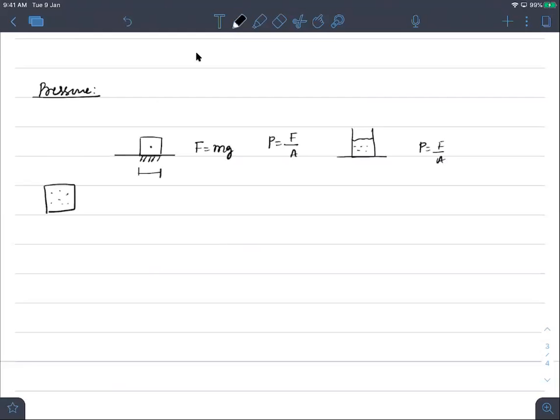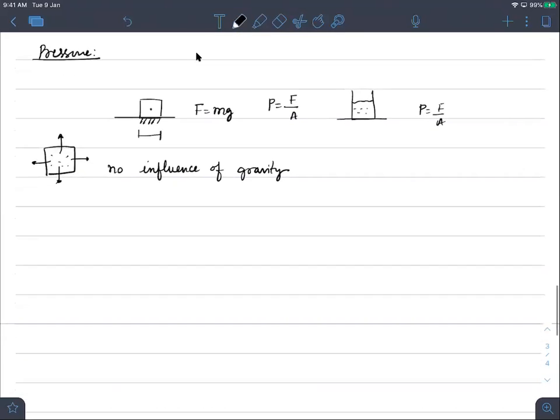Reason being, the pressure acting in all the directions is the same. Secondly, no influence of gravity. So it's not like gas particles are attracted towards gravity. Therefore, it becomes slightly difficult to measure the pressure. Okay.